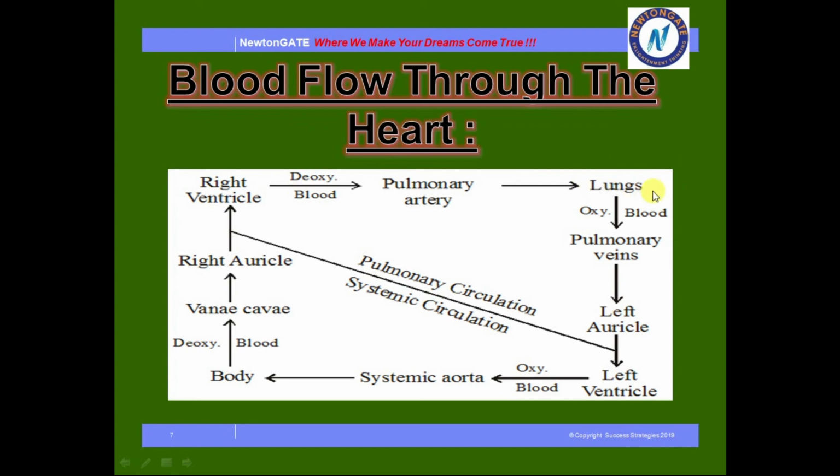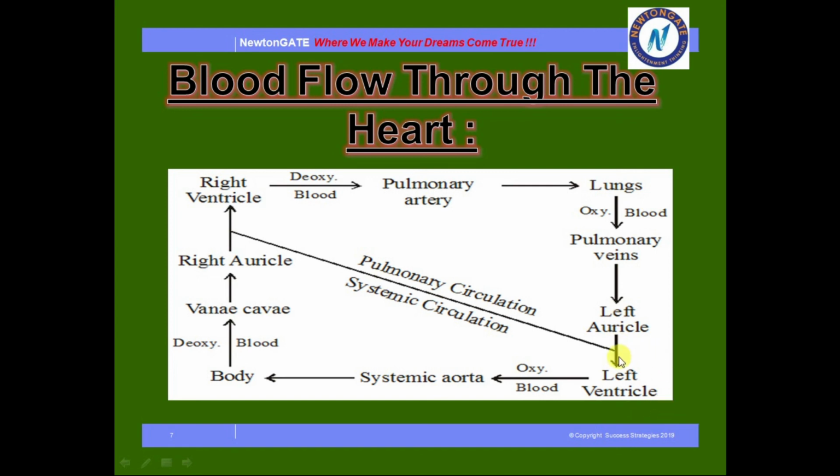In the lungs, deoxygenated blood gets converted into oxygenated blood. And this oxygenated blood again returns to the heart for pumping throughout the body with the help of pulmonary veins. So, with the help of pulmonary veins, oxygenated blood again returns to the left auricle. From the left auricle, it is transported to the left ventricle.